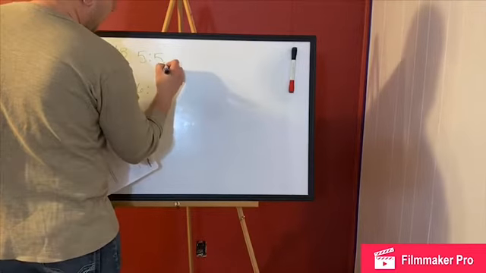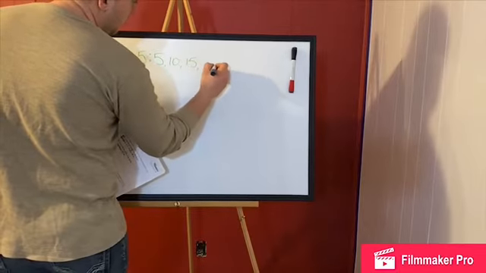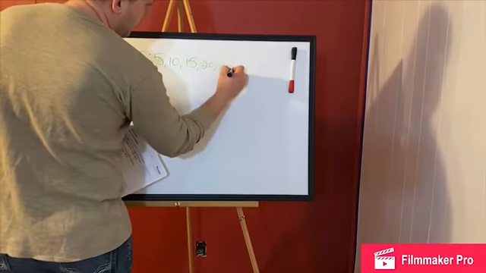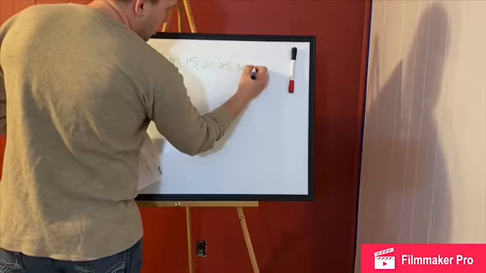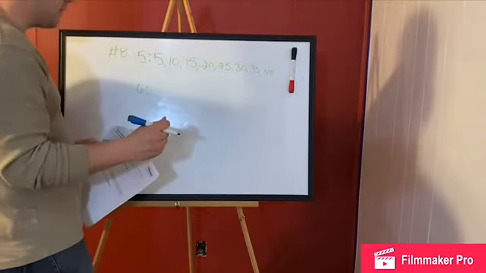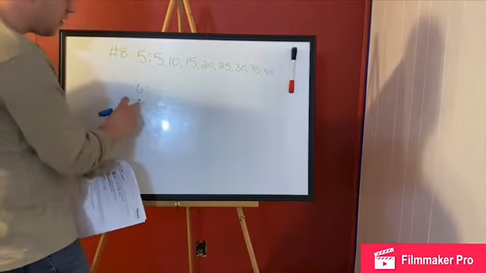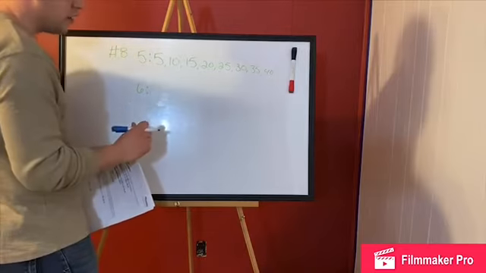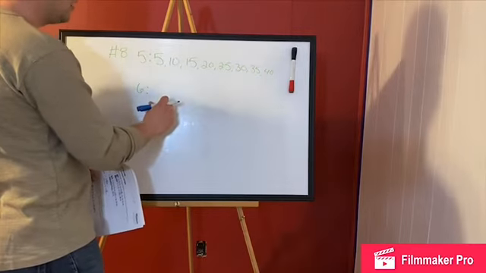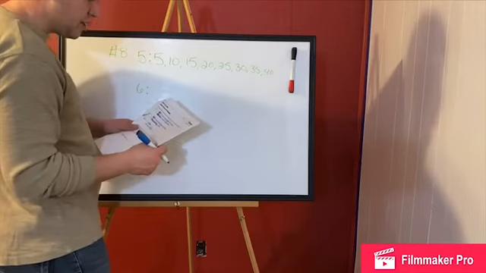We've got 5, 10, 15, 20, 25, 30, 35, and we'll stop here at 40, okay? So these are multiples of 5. Now we're finding multiples of 6 and seeing which one is the smallest one that they match up with.